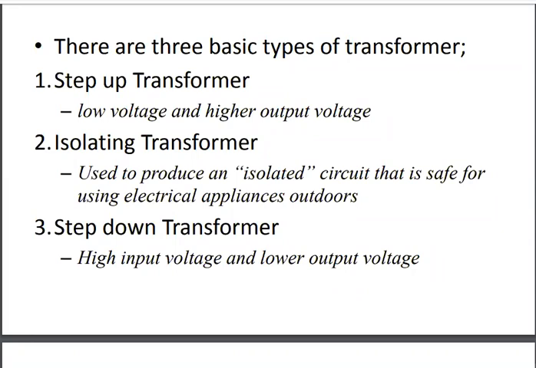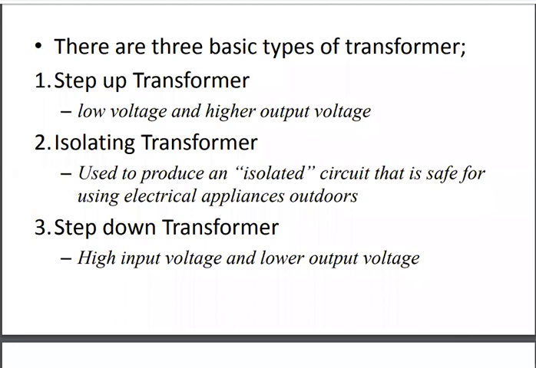A step up transformer takes low voltage and high current as input and gives high voltage and low current at the output. Just the reverse of it, a step down transformer takes high voltage at low current and gives low voltage and high current at the output.